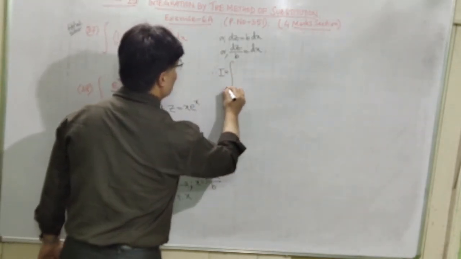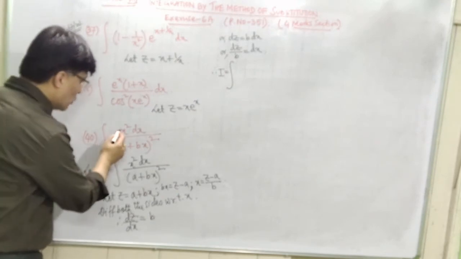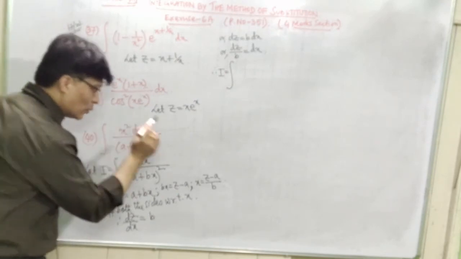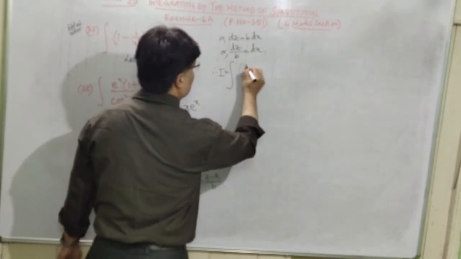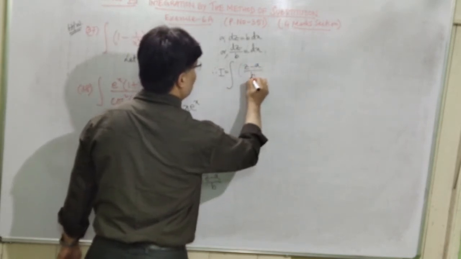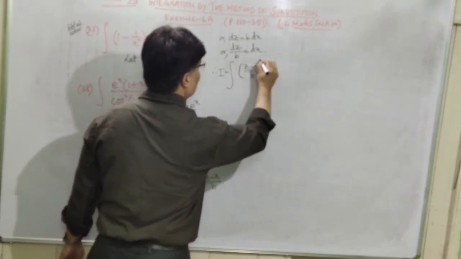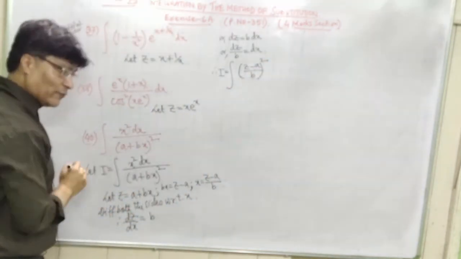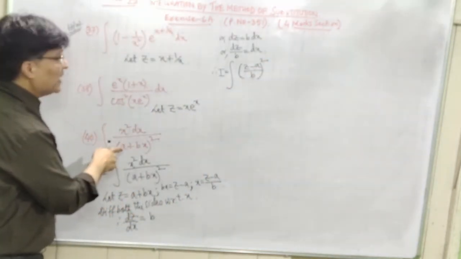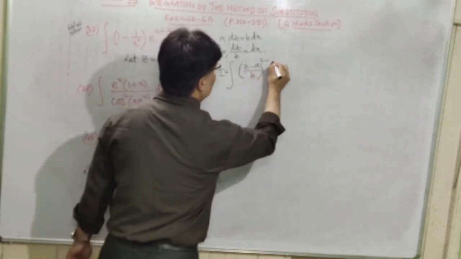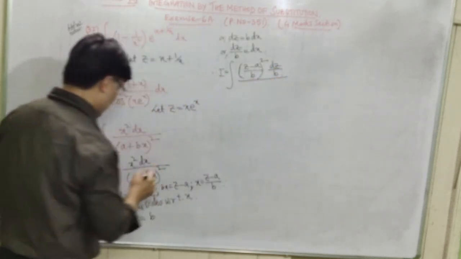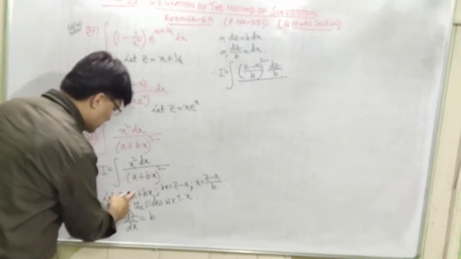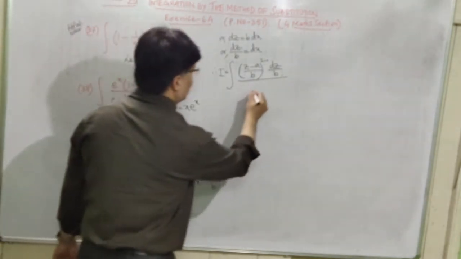So I is equal to the integral sign. What is x whole square? The value for x is z minus a whole divided by b, and that is your whole square. And what about this dx? dx means dz by b, whole divided by, what is a plus bx here? This is z whole square.